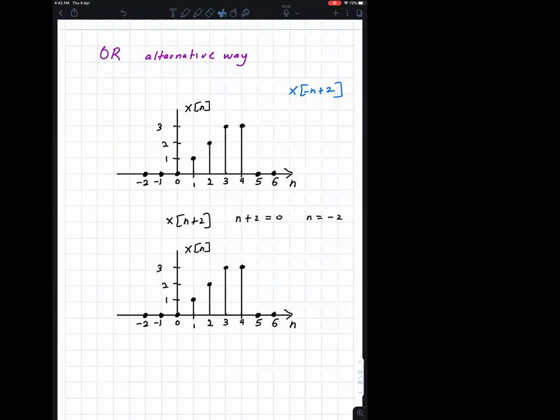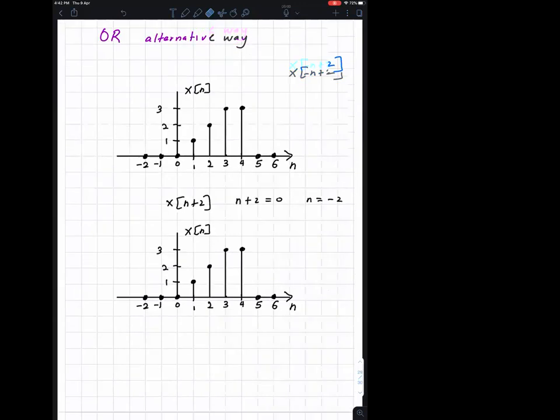Then that means you just minus 2 from each one of them.